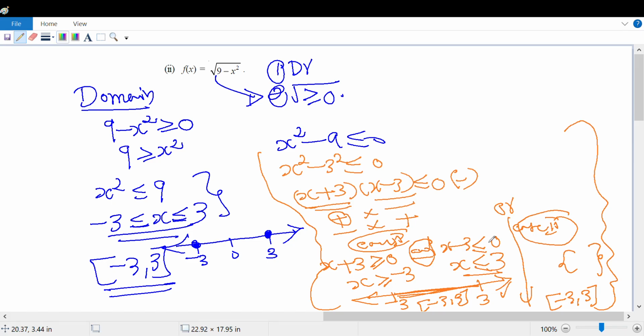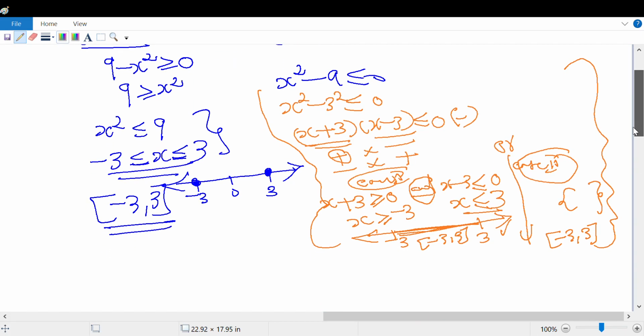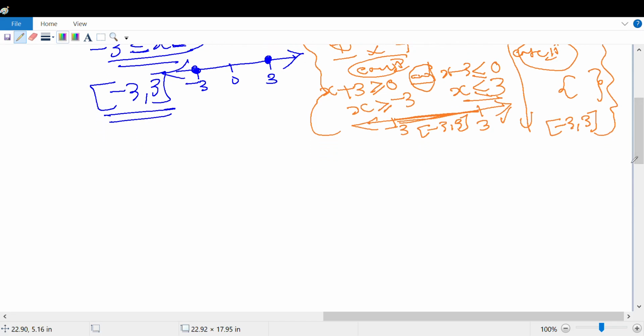And similarly, we can find range also. So range of this function, f of x is equal to root of 9 minus x square. And f of x is always, we know this is y. So square root of 9 minus x square.